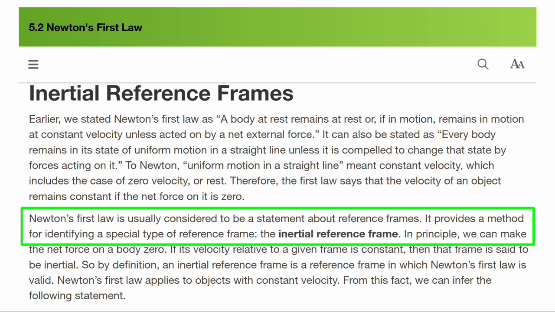Newton's first law does come before the second law. Before you can use the second law to set up the F equals ma equations, you have to first check to make sure that Newton's first law is valid in your system, that you are in an inertial reference frame.